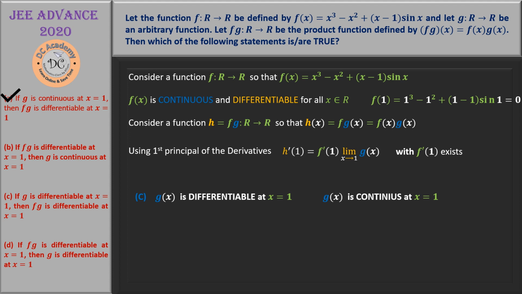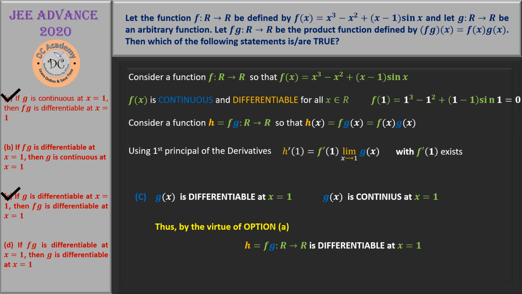We already proved in option A that if g(x) is continuous, then fg is differentiable. So by virtue of option A, we can easily say that option C is correct in this particular case.